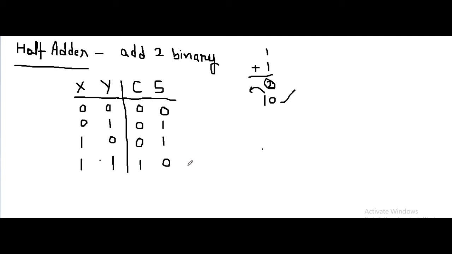I hope you understand this, and I again repeat it. When you add 1 and 1, we get 2 in decimal, and when we convert 2 to binary, we get 1 0. So this 1 is carried to another digit.